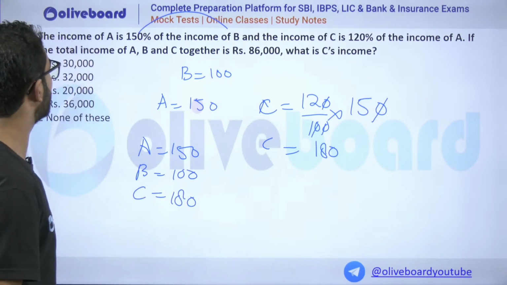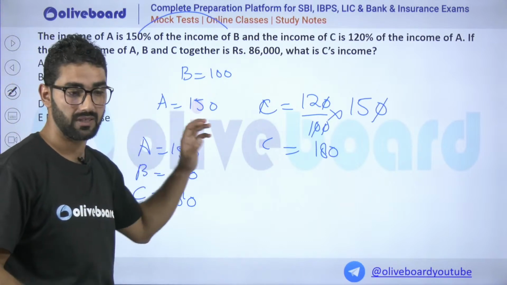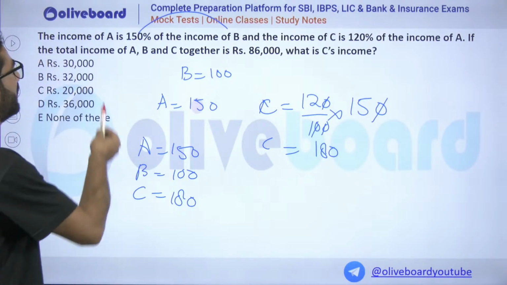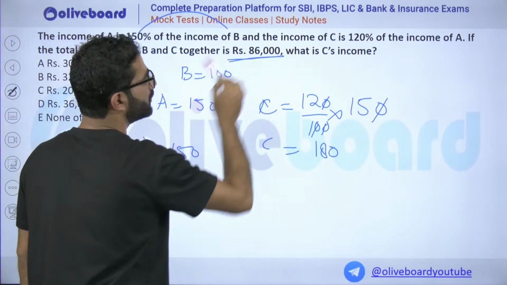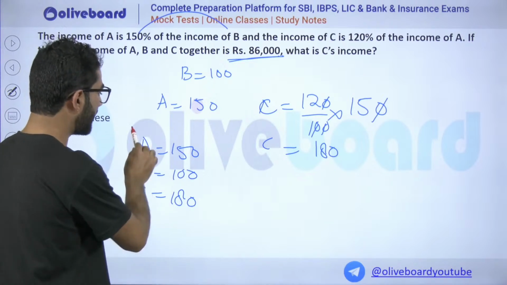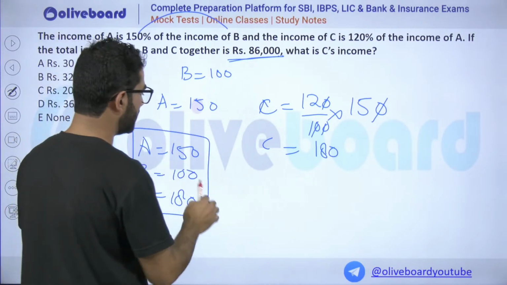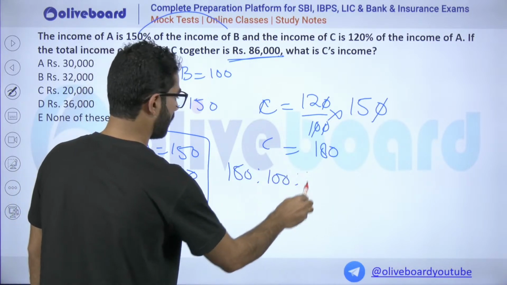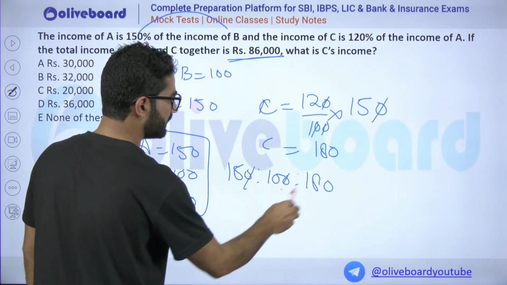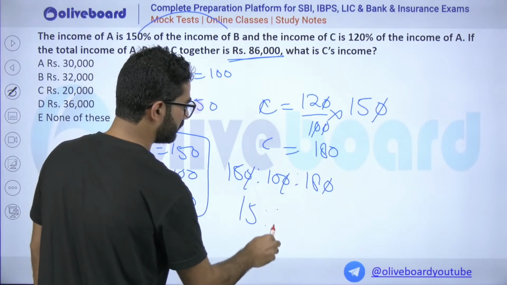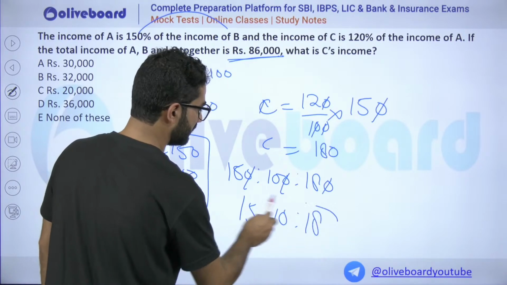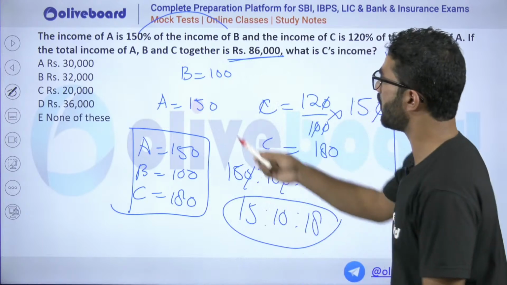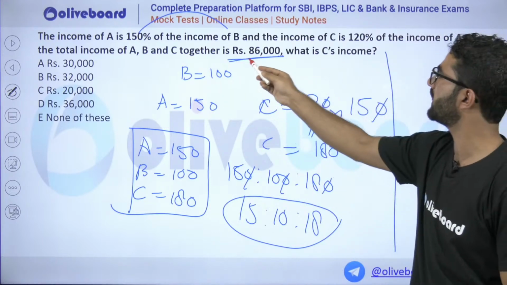Now the question is that the total income of A, B, C together is given. I told you when the ratios are given, you can do one more thing. You can write in ratio 150:100:180. You can cut down the zeros, so it will be 15:10:18. Ratio should always be written in simplified way. Now, what could be the value of C's income? Total income is given.